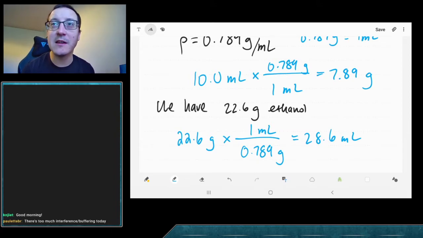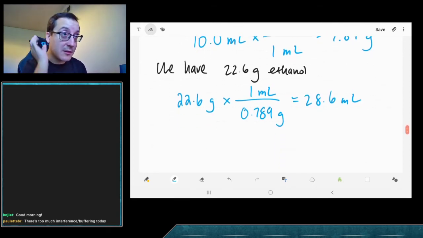To me, that just makes a lot more sense, and it's going to be a lot easier when you get into the next level of chemistry that's going to have many steps put together involving density as well as other conversions. Okay. So density, just another conversion factor. I encourage you to look at it that way. But if you ever see it, you could use a formula instead.